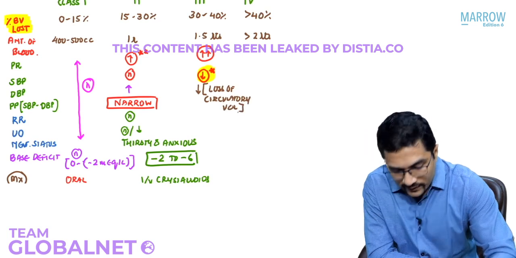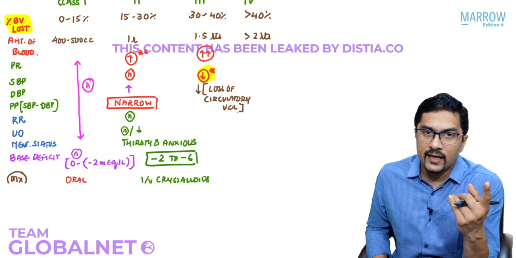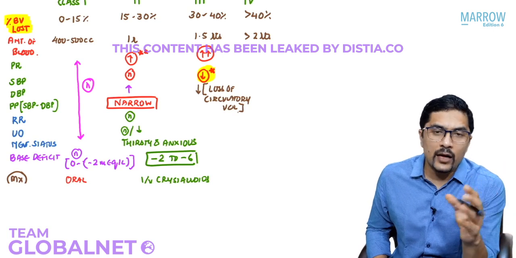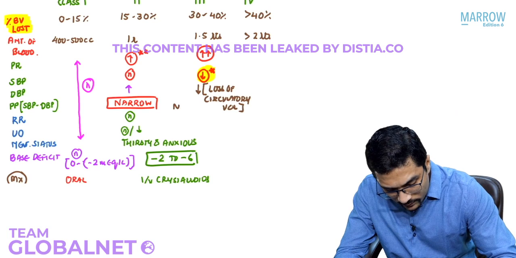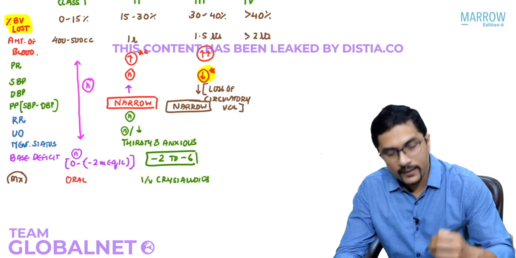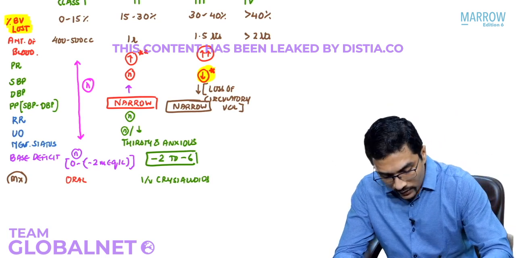So although there is vasoconstriction, so the peripheral vascular resistance is increasing, but now so much of blood is lost that diastolic blood pressure will also fall. So the pulse pressure becomes even more narrow because now both are falling.